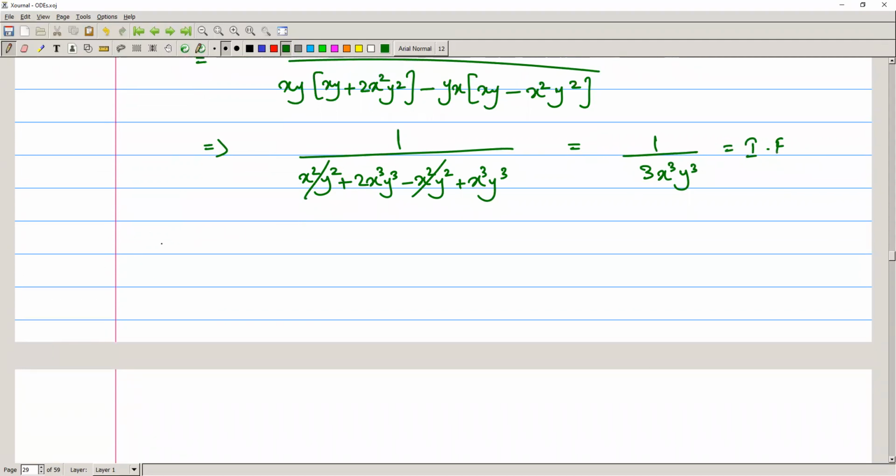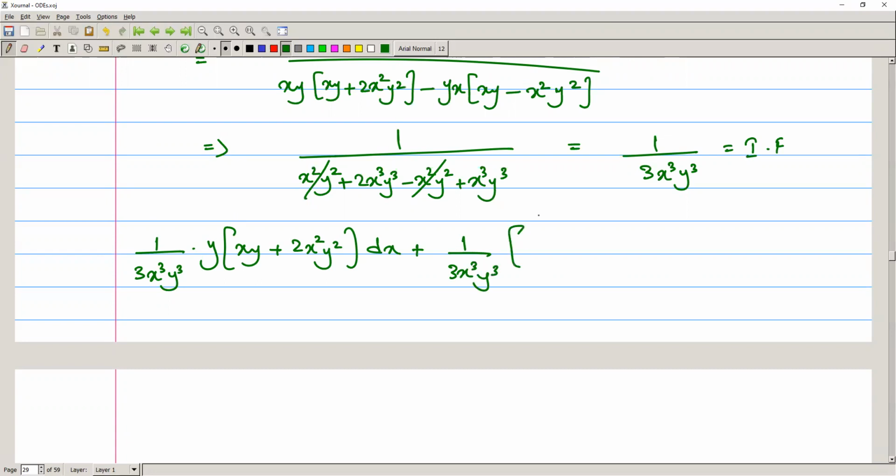We will multiply this factor by the equation. So let's multiply the factor 1 over 3x cubed y cubed by y times (xy plus 2x squared y squared) dx plus 1 over 3x cubed y cubed times x, and inside the bracket we have (xy minus x squared y squared) dy is equal to 0, right?